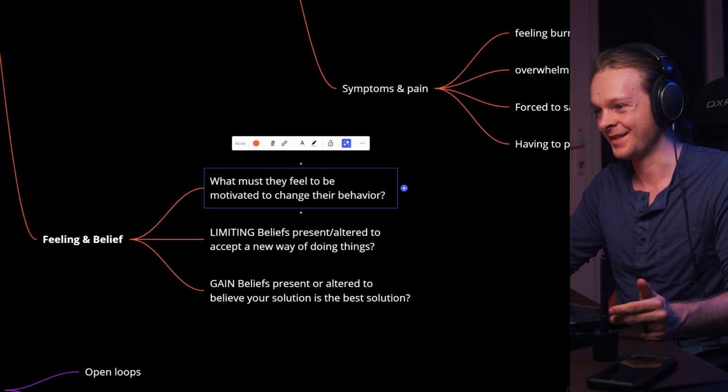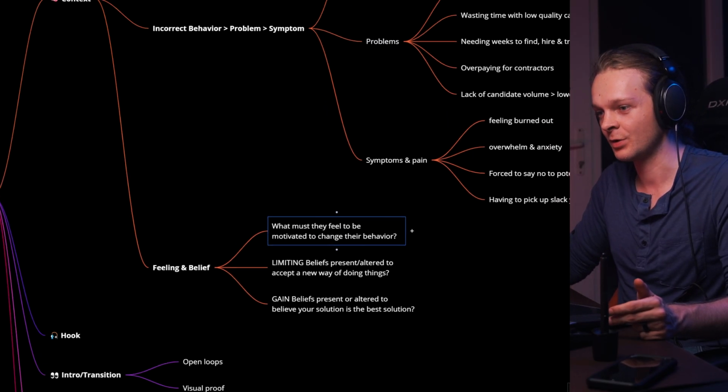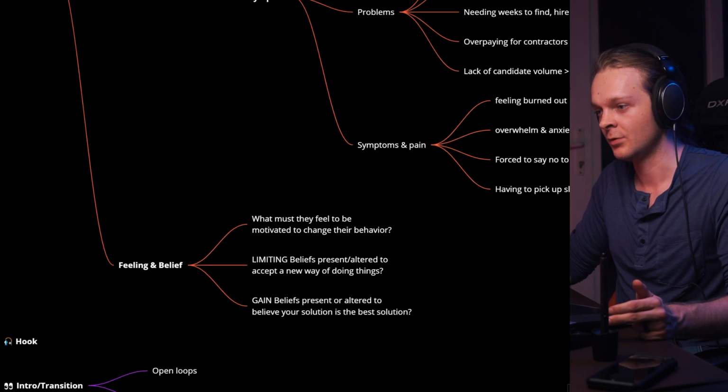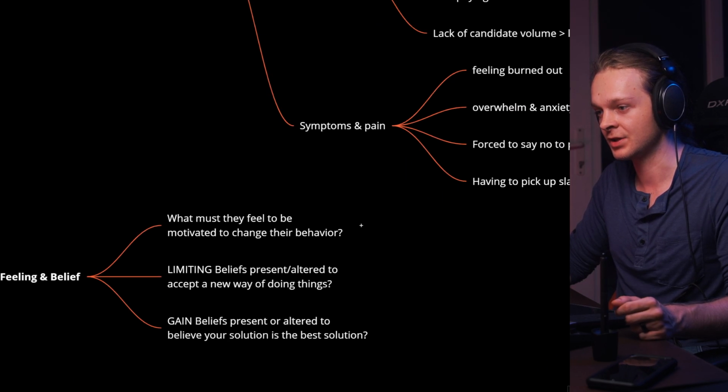Just check out some of my content. Chances are there's something missing, which is leading to going all in and committing and deciding to take action. Then maybe you take action every now and then, but then you start slipping again. That's a whole different topic for another video. But we want to make sure that we really hit this deep here. So what must they feel to be motivated to change their behavior?